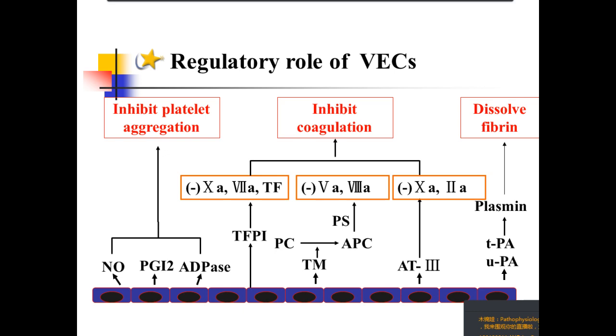Anti. Now, why can VEC inhibit platelet aggregation? Normal VEC can release nitric oxide, NO, PGI2, and ADPase. NO and PGI2 are vasodilation factors.